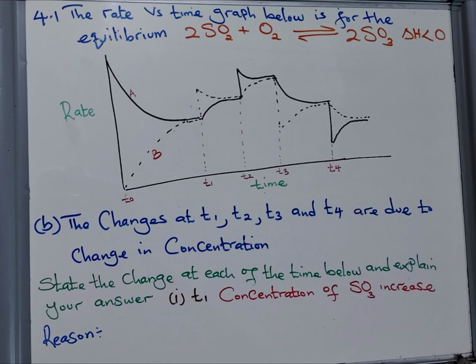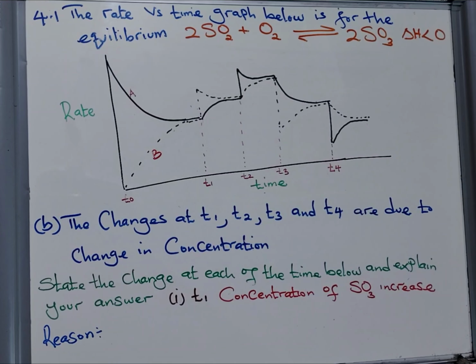And what else do we observe at T2? Forward is favored.